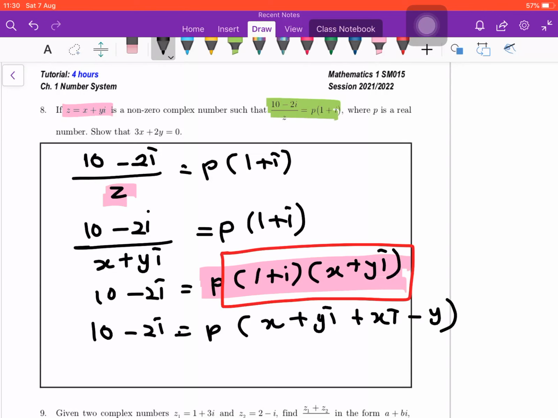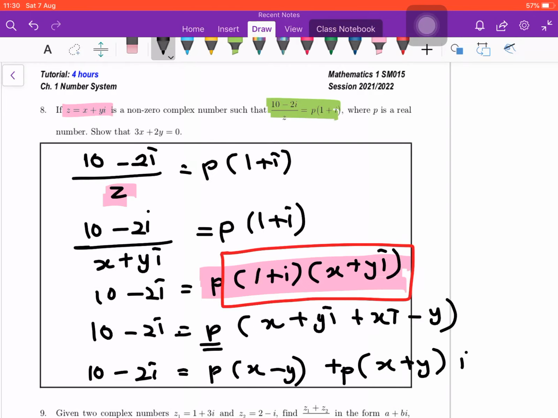Okay, lepas tu nak mudahkan, awak darabkan semua sekali yang dalam bracket tu dengan P, and then awak splitkan real parts dengan imaginary parts. So, bila awak splitkan, supposedly awak akan dapat P(X tolak Y), okay, tambah P(X tambah Y)i. Supaya senang you all nak comparekan.